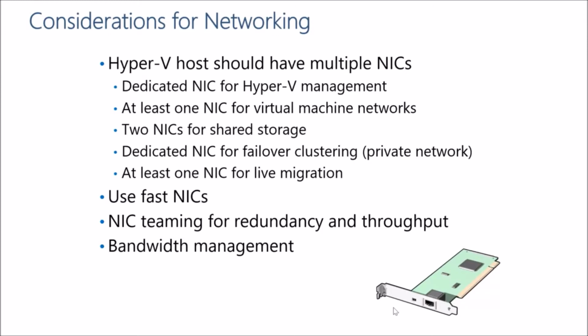NIC teaming is basically, instead of using 1 physical network card, we use multiple physical network cards. If we take, say, 2, that means we double the throughput, and we're protected from single points of failure, because we have 2 cards at the minimum. You could have more to protect against redundancy.